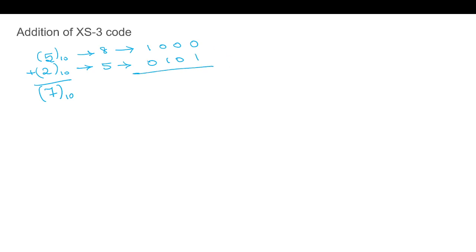Now let's add this. This is one excess 3 and this is another excess 3. The sum is 1101, which is our excess 6.